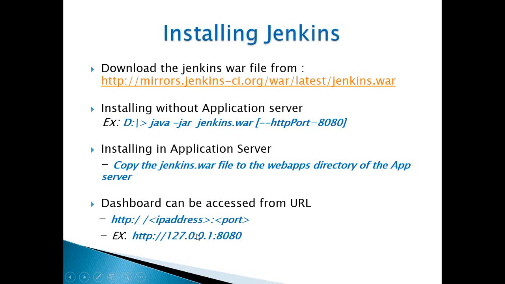If your Jenkins server is installed on your local system and you are accessing it from your local system, you can access it like this, 127.0.0.1. If your Jenkins server is installed on some other system and you are trying to access it from your local system, you have to give the IP address where Jenkins server is installed and the Jenkins server port. Like this you have to access.